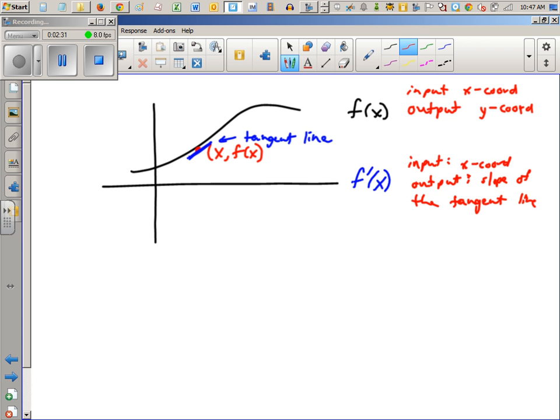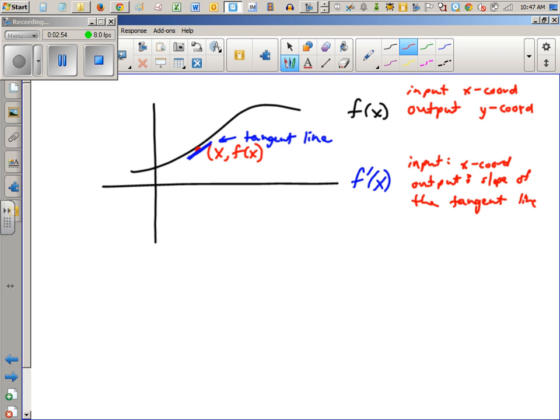So the input is x, but now the function's job is different. The function's job is to spit out a slope for you, a new meaningful value that you can use. So I'll bet you if I plugged in x equals 2 into this function, it probably comes out to 2. That's probably 0.22, and I bet the slope is about 1. It looks like maybe it's a 45-degree line there.